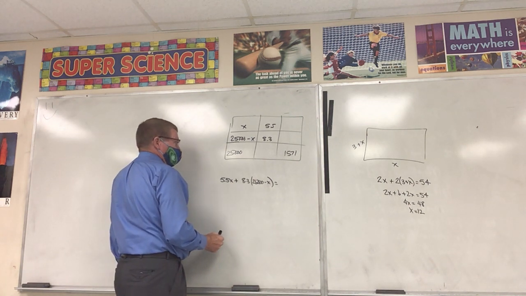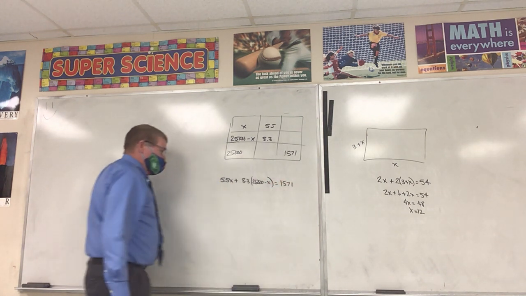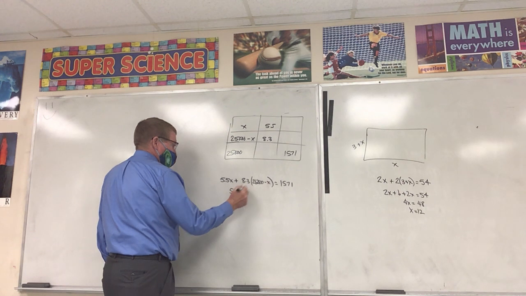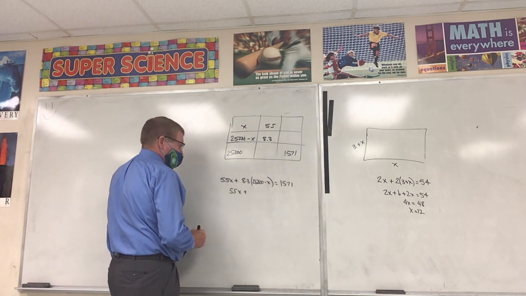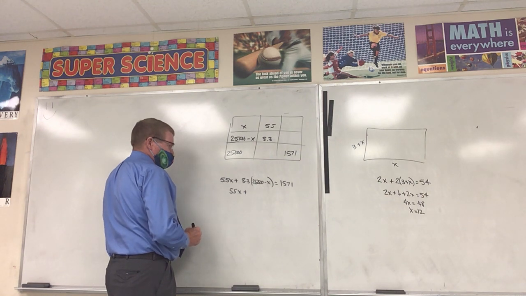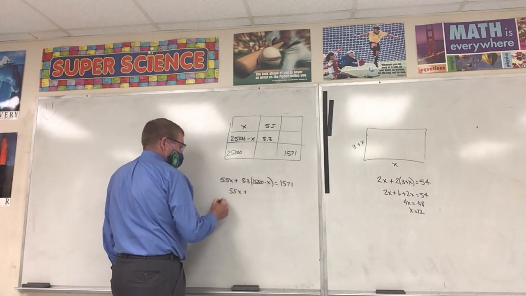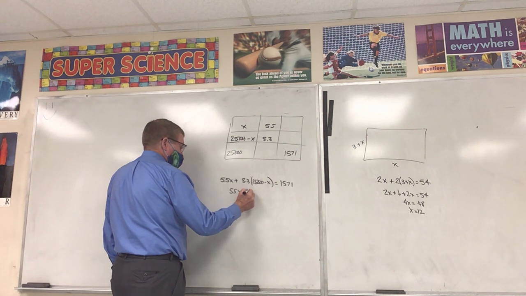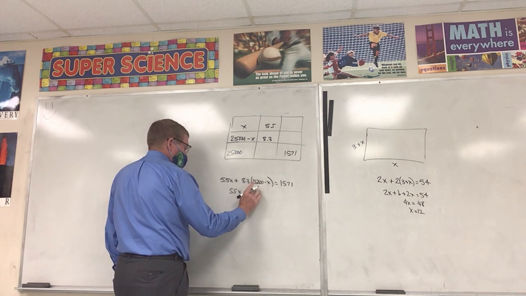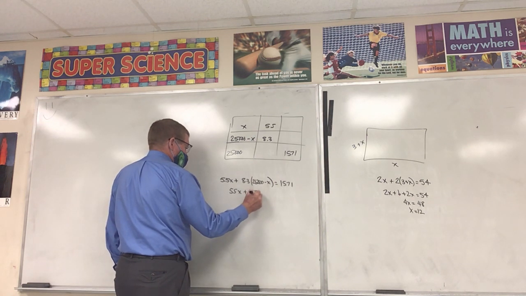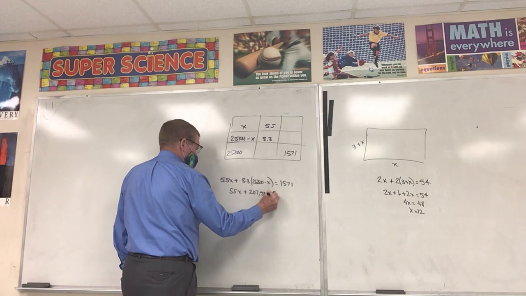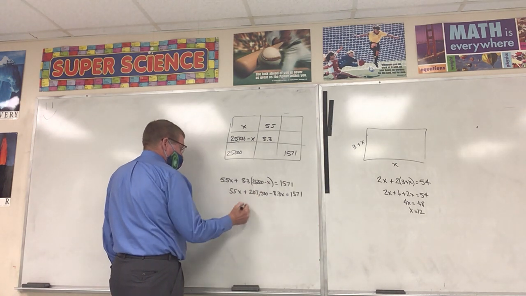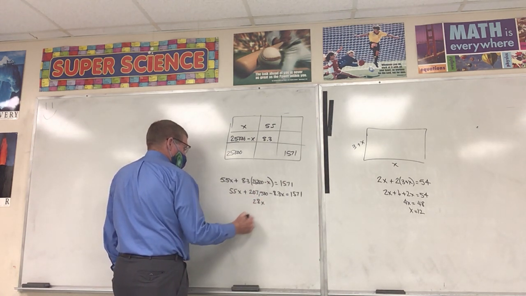Equals? 1571. 8.3 times 25,000 is 207,500. 8.3 minus 5.5 is 2.8, correct?